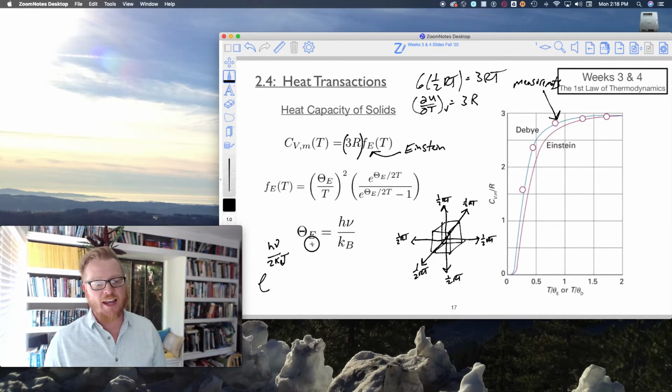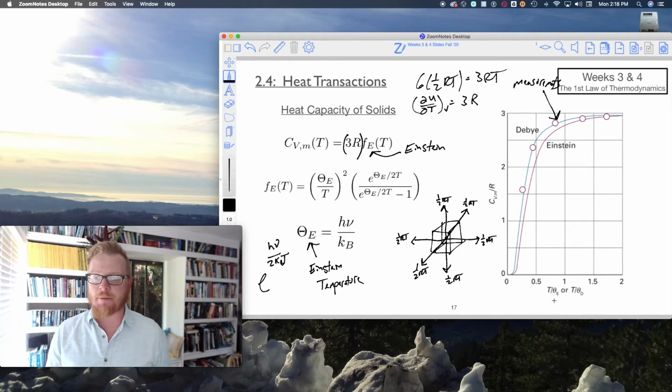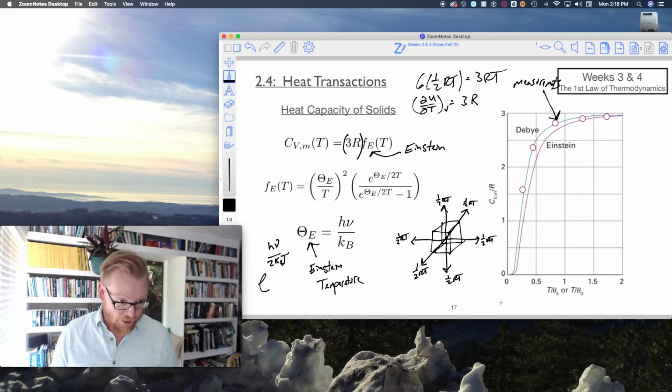And what does this theta_E represent? That is what we call the Einstein temperature. As it turns out, if you look at my scale here, this is again another reduced variable space scale.